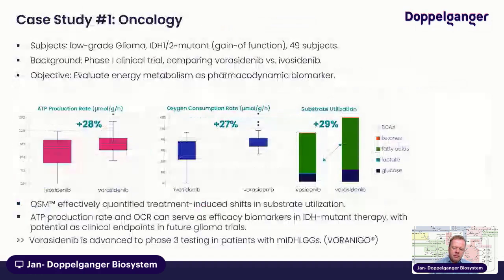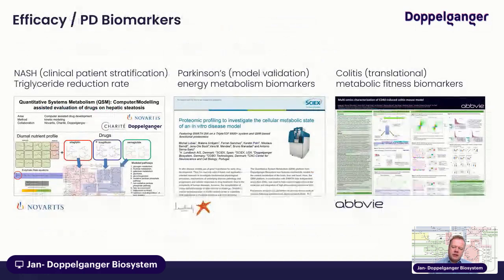So most of our customers use the QSM process either for translational purposes, like you see here on the left side in this NASH project. You will find these posters also on our website. In the middle, this is a Parkinson screening model.